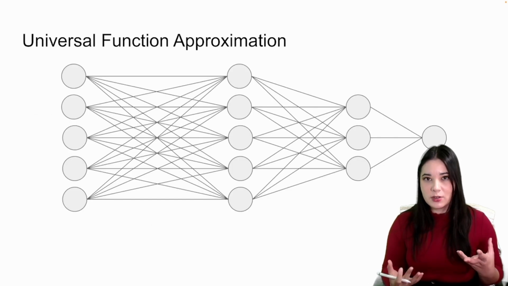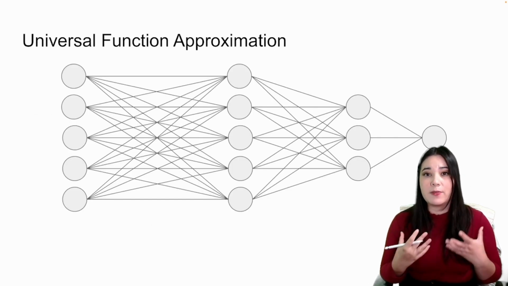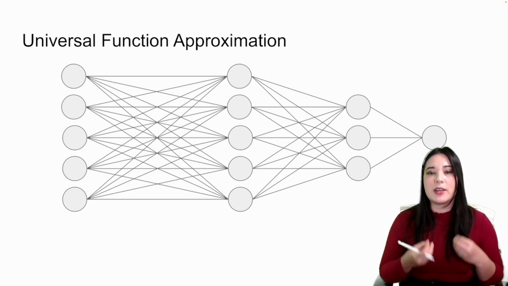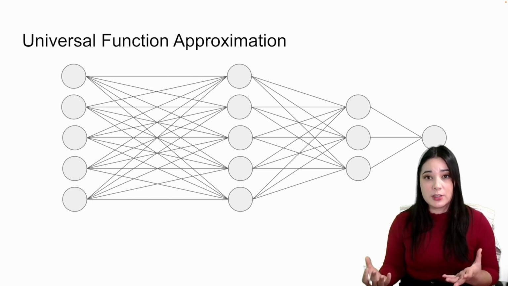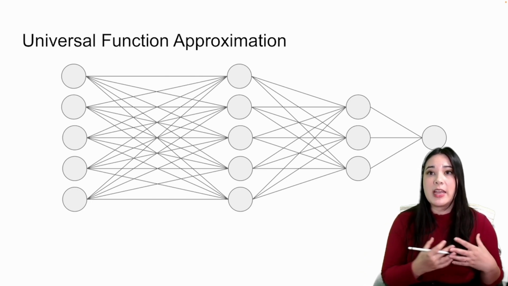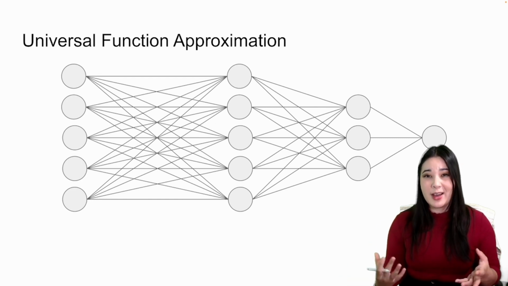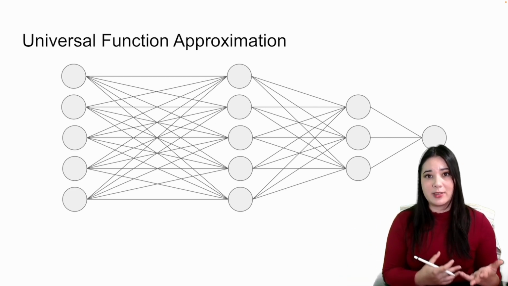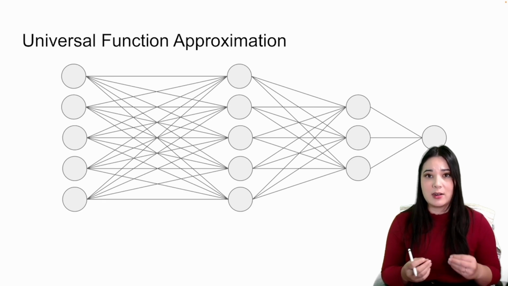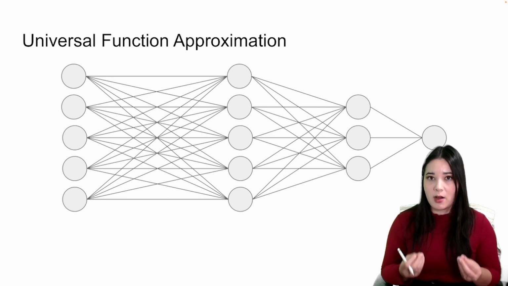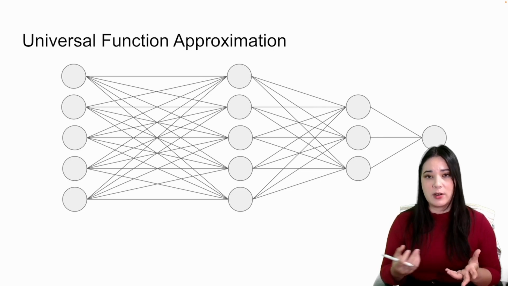Now, because neural networks have this insane amount of flexibility, they have something called universal function approximation. This is the idea that if we have a neural network that is sufficiently complex, it can model any relationship between the inputs and the outputs of our model. Thus, unlike the models we've learned so far in this class, which are pretty limited and a little bit simpler, we have the ability to model incredibly complex relationships between our inputs and outputs.